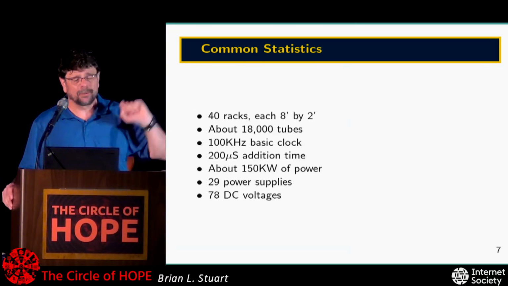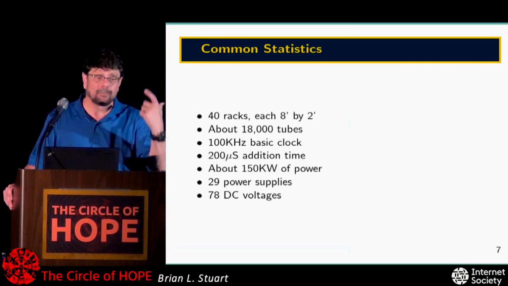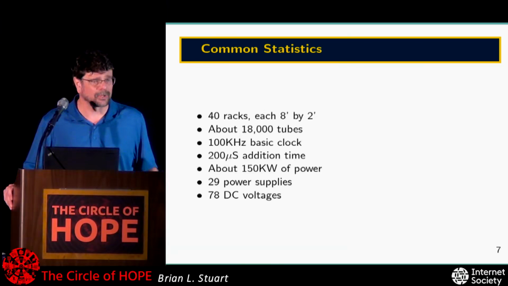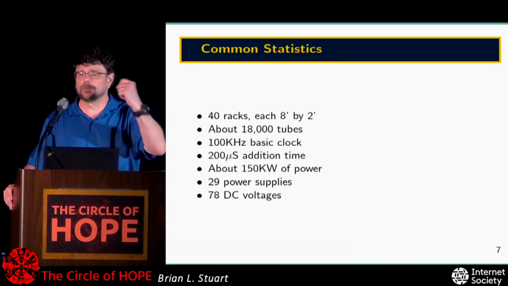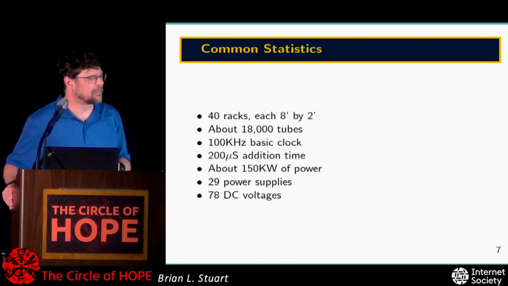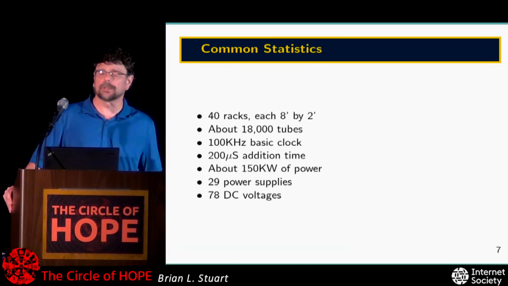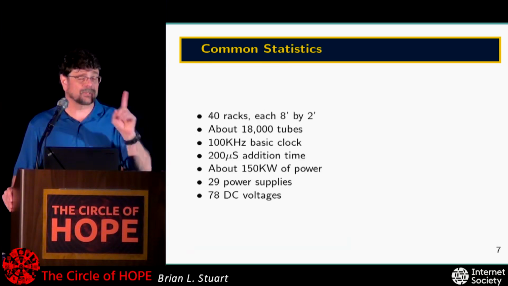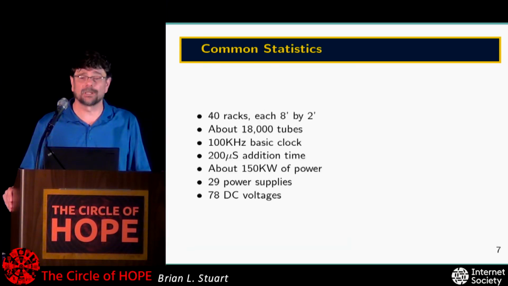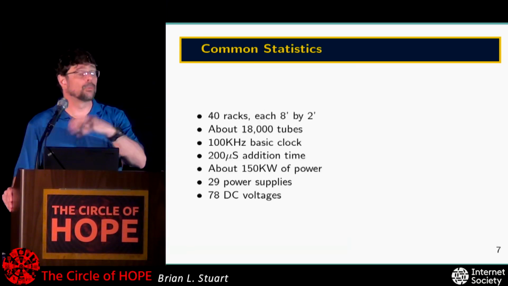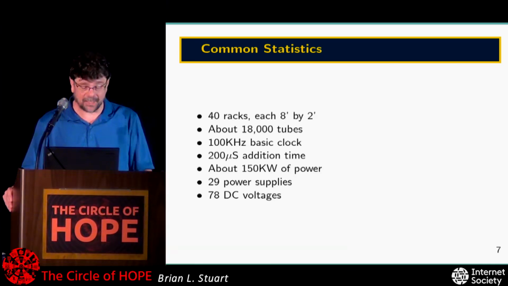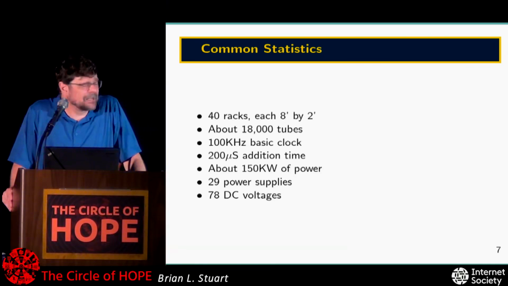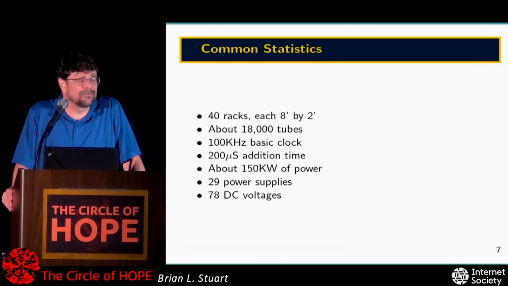So while the period of the clock is 10 microseconds, the basic operation time was 200 microseconds. Well, if you invert that, of course, you get 5,000 operations a second. That's where you frequently hear the quote that it could do 5,000 additions per second. But as we'll see, it's actually a much more parallel machine than most people think. And so you could really do quite a bit more than just that. The power draw was about 150 kilowatts.